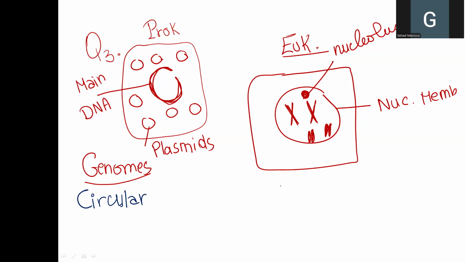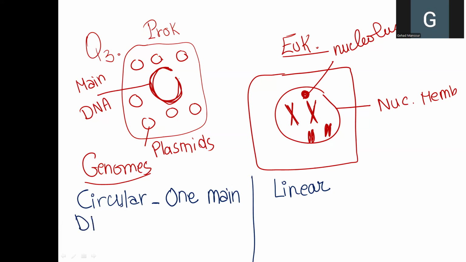The genome of a eukaryotic cell is linear. As you can see, the chromosomes, however condensed they are, are more or less linear. In the bacterium or the prokaryote, we only have one main DNA molecule, as I just told you, one main DNA molecule that is circular.